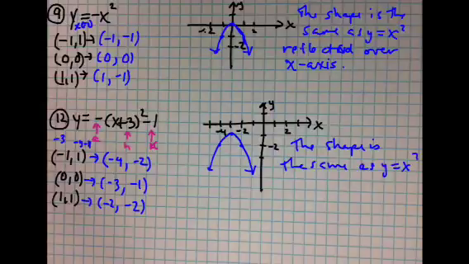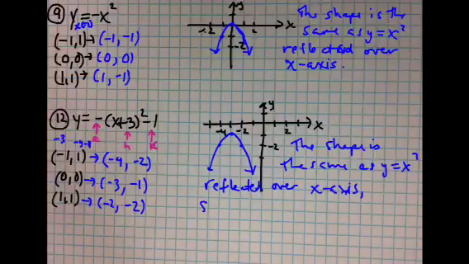It is reflected over the x-axis, and then shifted left 3 and down 1.